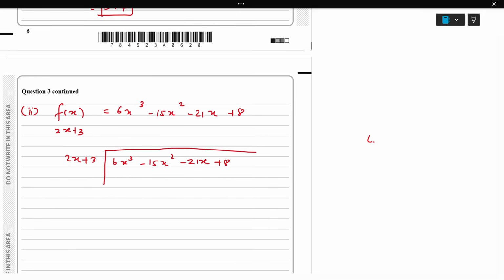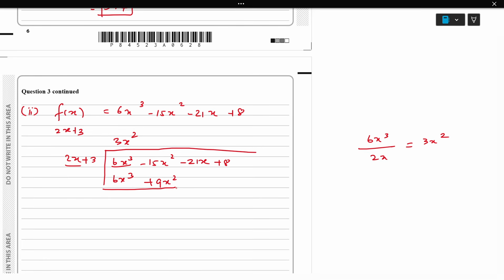So 6x cubed divided by 2x, we'll get 3x squared. That will be our first part, 3x squared, then 3x squared times the entire 2x plus 3. So 3 times 2x is 6x cubed, and 3x squared times 3 is 9x squared.